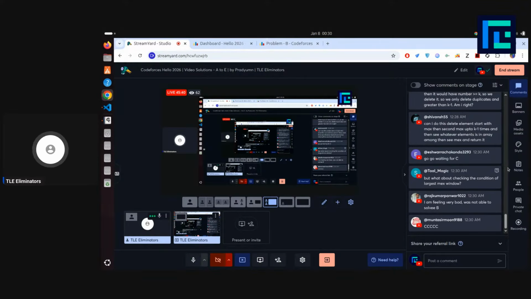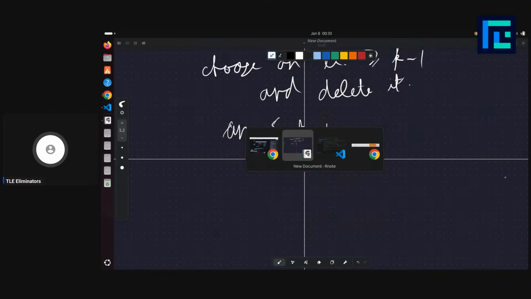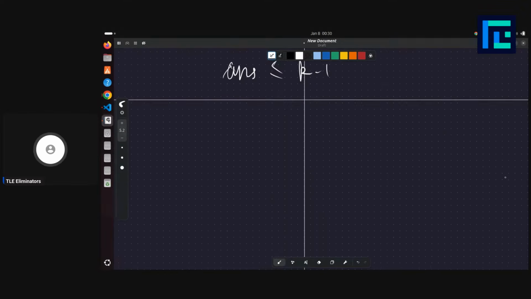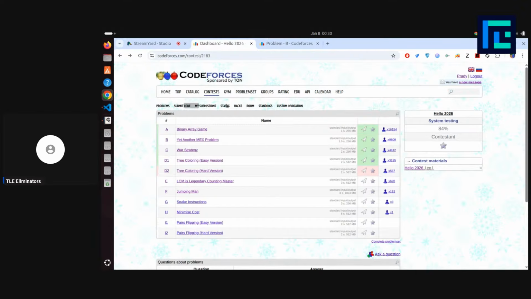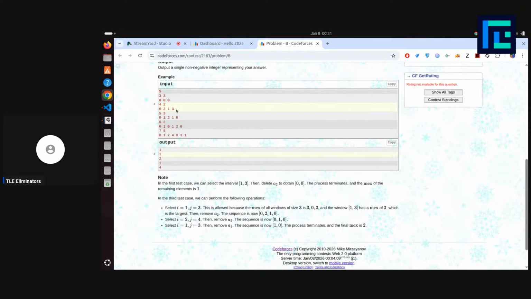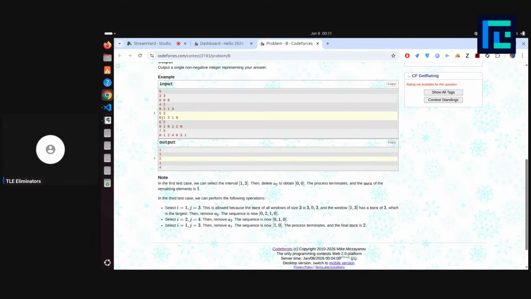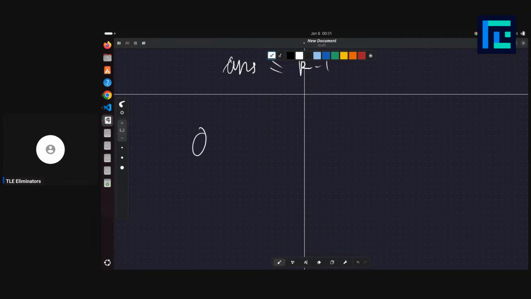What about checking condition of largest max window? Like, what I am saying is, no matter what sub-array you choose, see, you have some array, right? You have this array 0, 1, 2, 1, 0, and you have to choose a sub-array having maximum max, right?